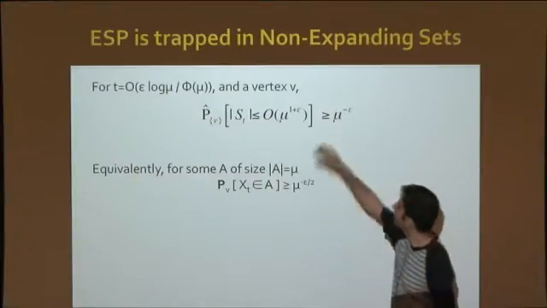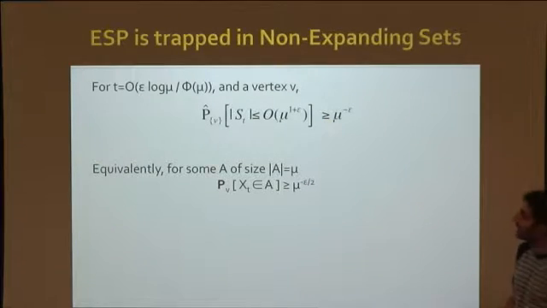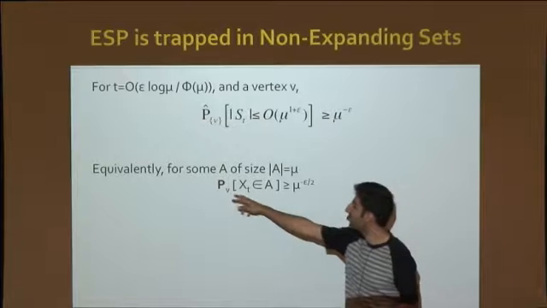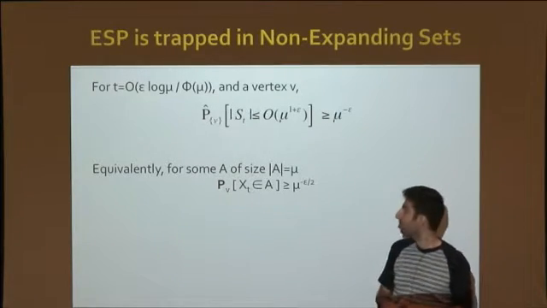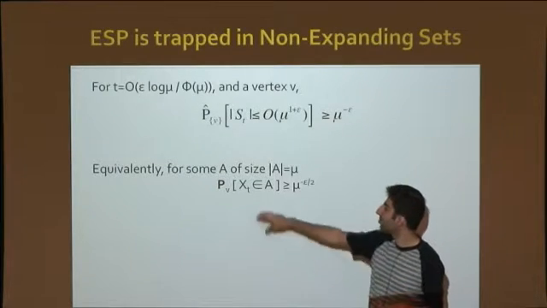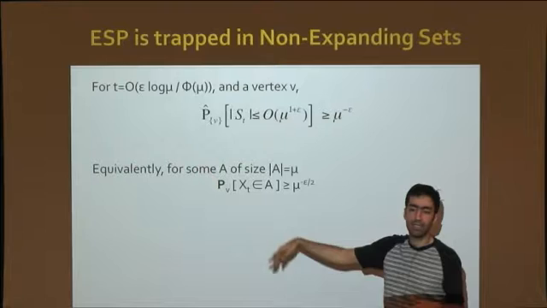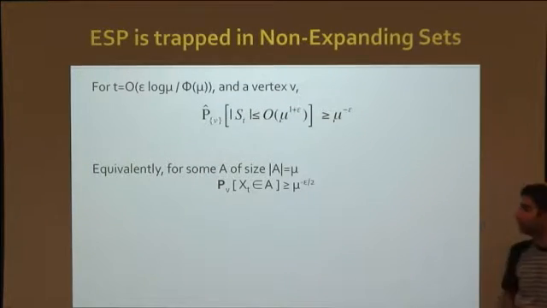My claim is this is equivalent to the following. I need to prove that there exists some set A such that a random walk started from V will be in A in t steps with some non-zero probability, mu to the minus epsilon.